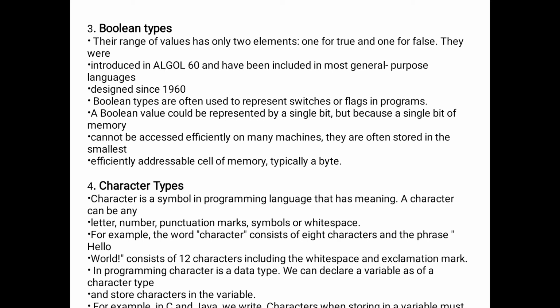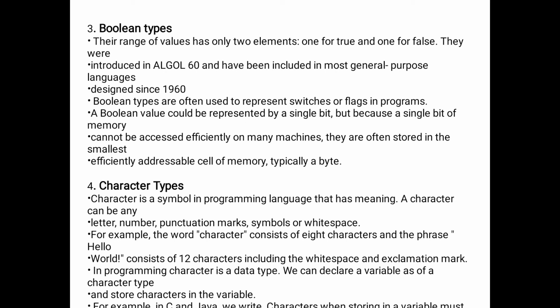Boolean types are often used to represent switches or flags in programs. A Boolean value could be represented by a single bit, but because a single bit of memory cannot be accessed efficiently on many machines, they are often stored in the smallest efficiently addressable cell of memory, typically a byte.